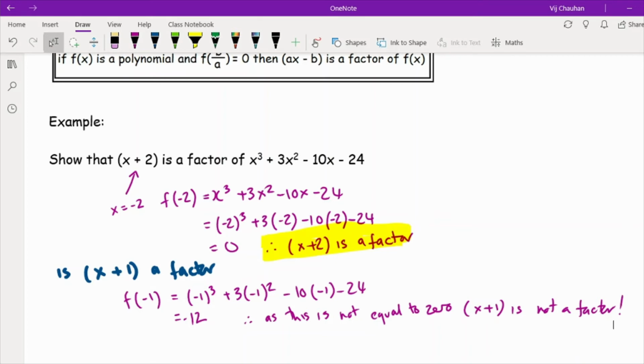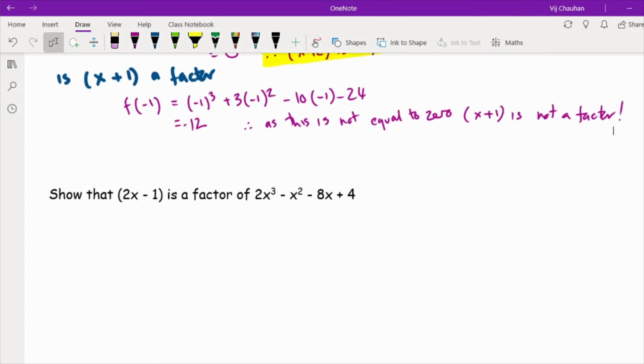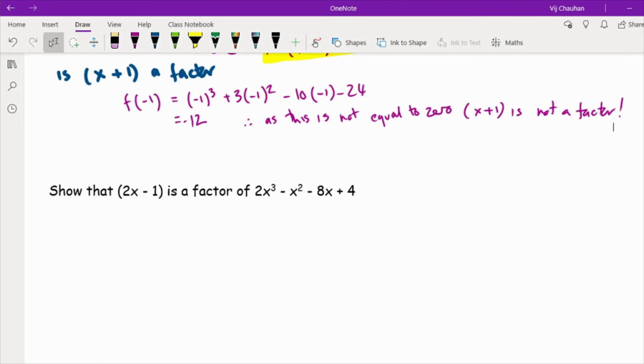Moving on to another example, this time we've got a more complex linear function to substitute in. Again, what value do I need to substitute? I'll substitute the value of x that makes this bracket equal to 0. In this case, it's going to be f of a half.